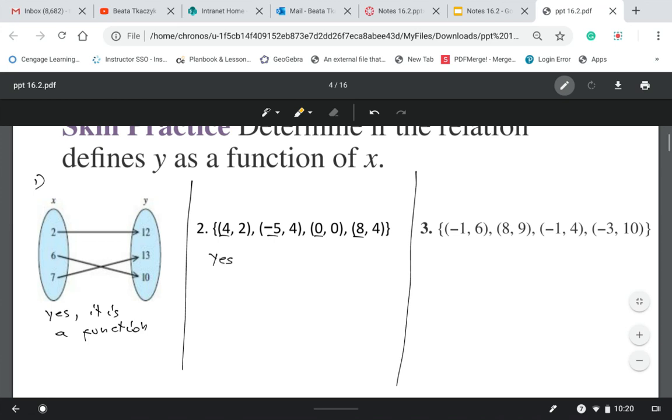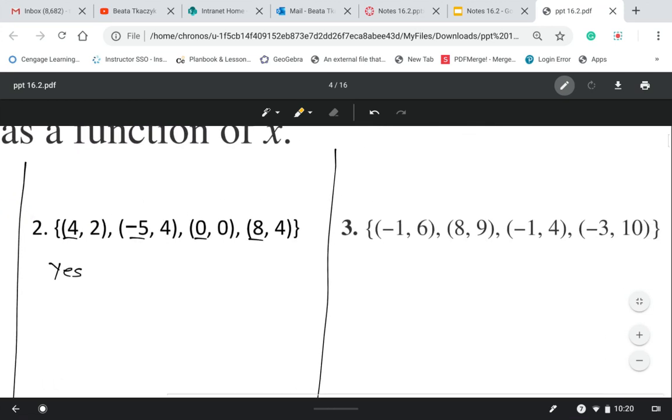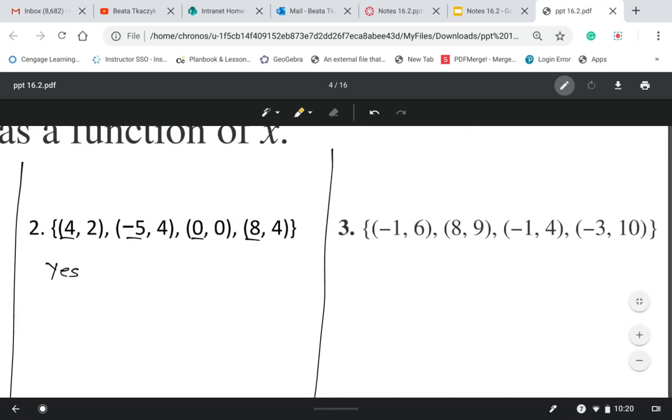Now, example 3, this is our relation, and we have to check if this relation represents the function. Each input has assigned one output. So look what happened. Here, input -1 has output 6, and also input -1 has a different output, which is 4.